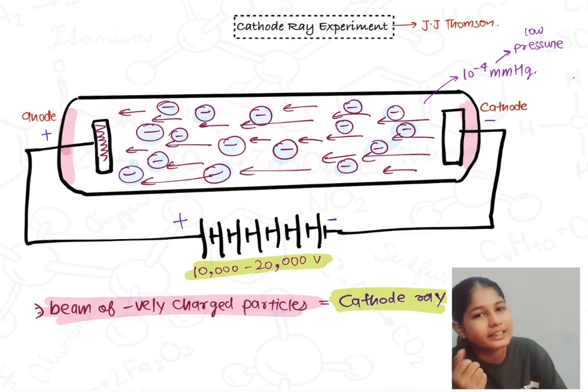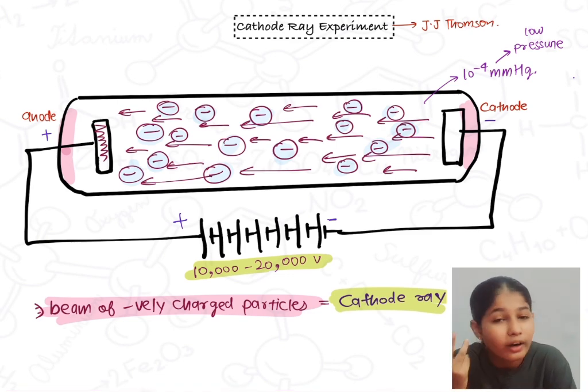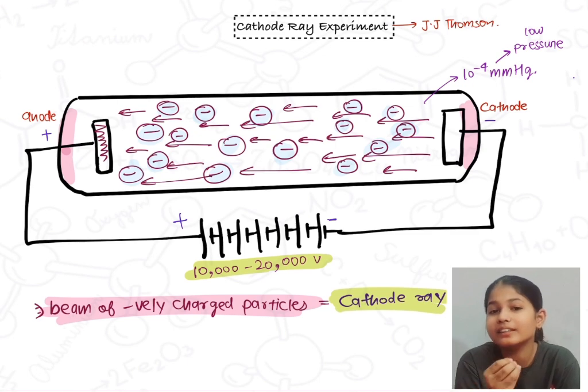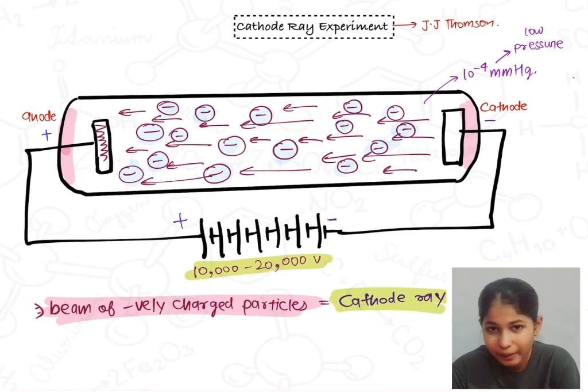So he got the idea that these particles are negatively charged and that the cathode is emitting them. He gave this beam of negatively charged particles the name cathode ray.